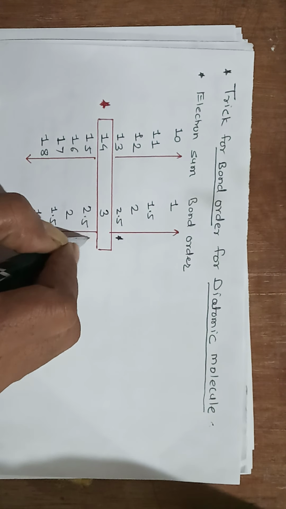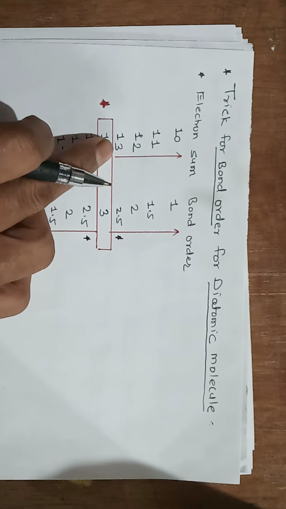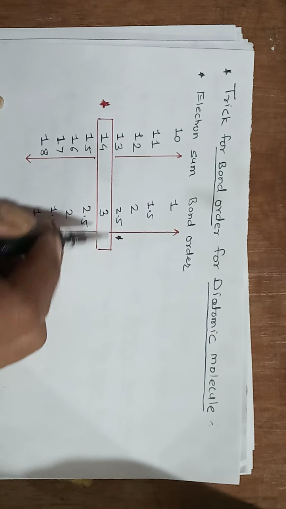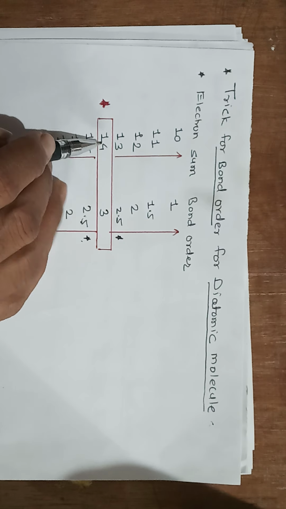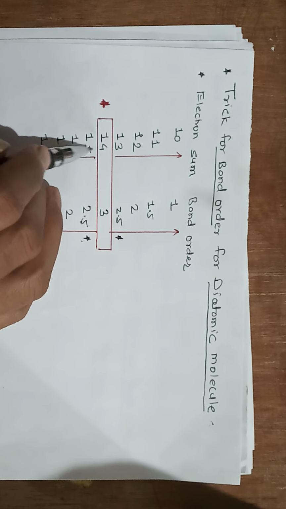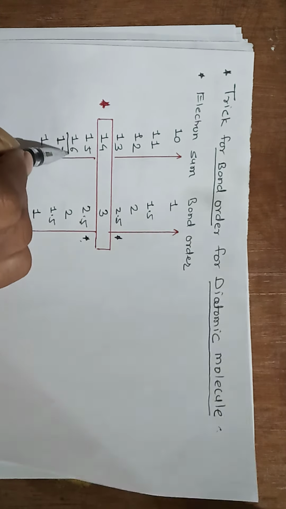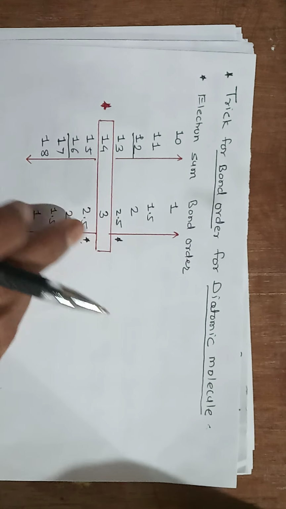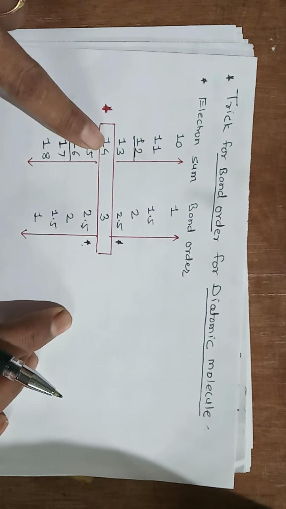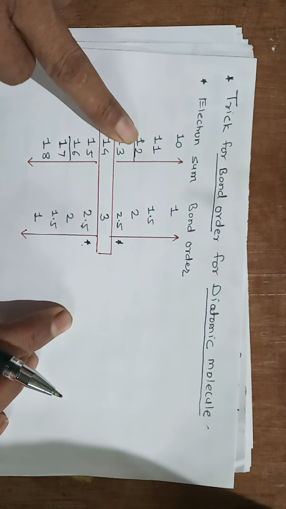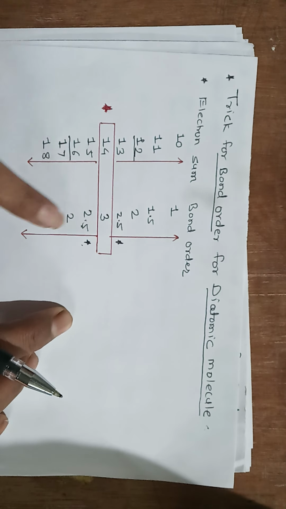Means 14 minus 1 or 14 plus 1 have the same bond order, 2.5. If 14 plus 2 or 14 minus 2, that is 16 and 12, they have the same bond order, 2.